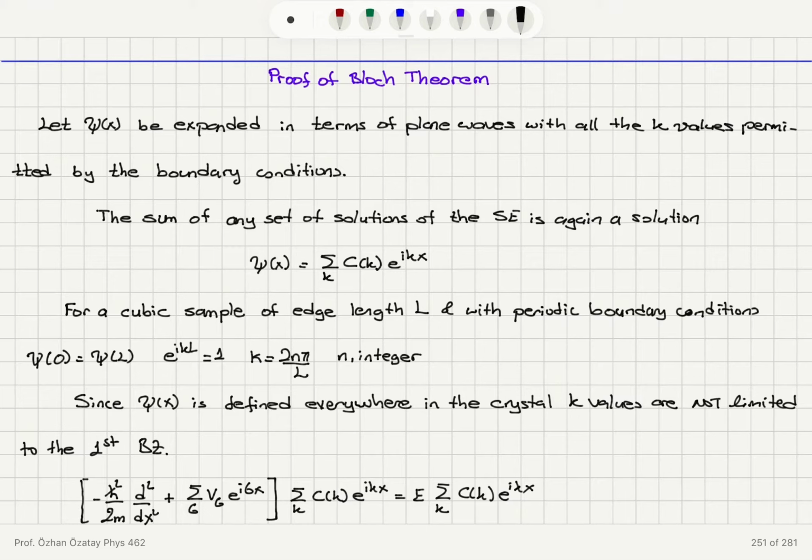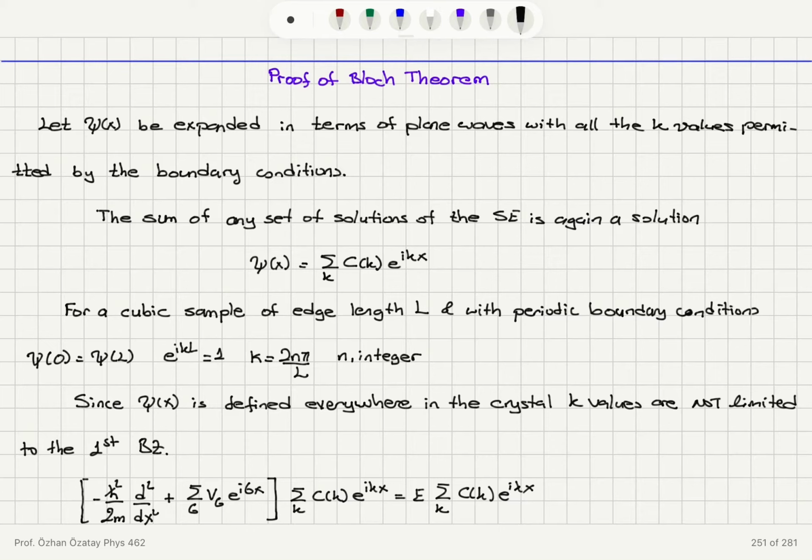So for a cubic sample of edge length L and with periodic boundary conditions, we say that the wave function psi at 0 must be equal to psi at L at the boundaries. So we have e to the ikL equals 1, k is equal to 2n pi over L, where n is an integer.